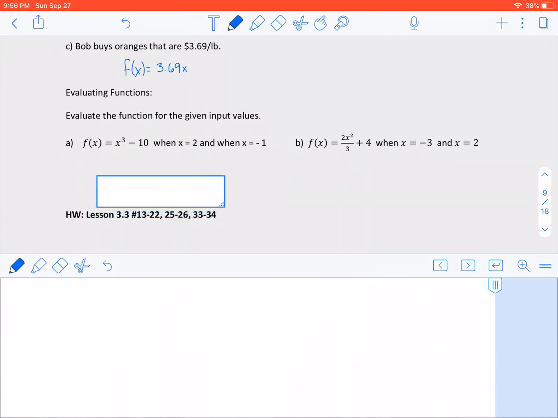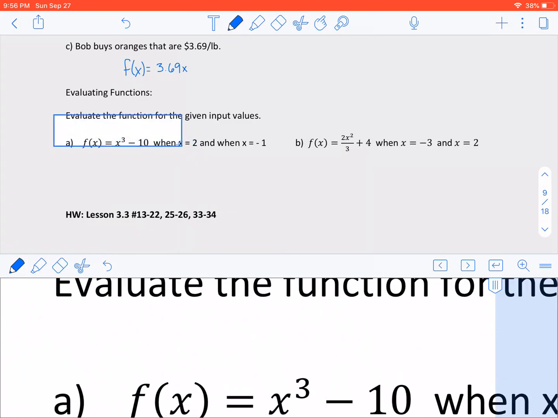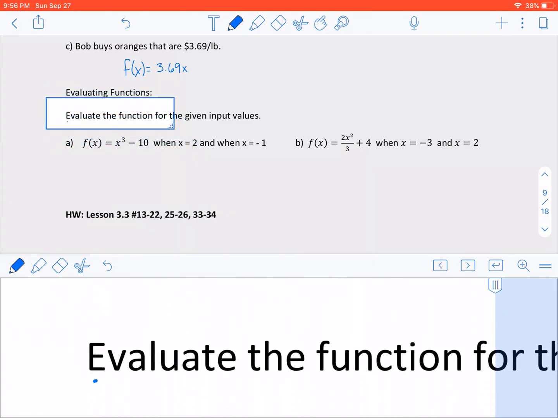All right. Last thing here, f of x equals x to the third minus 10, and it wants us to evaluate. And remember, evaluate means plug in. So when we solve, we do reverse order of operations: addition, subtraction, then multiplication, division, then exponents, then parentheses.